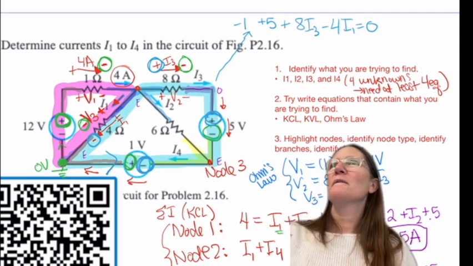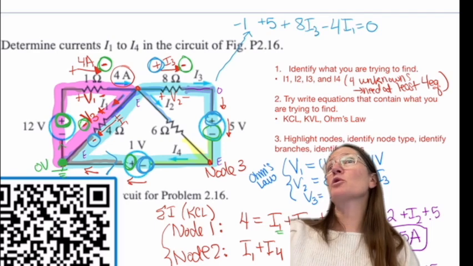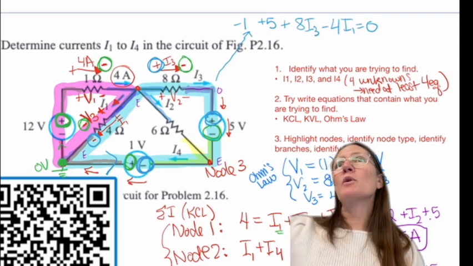Just numerically, how would I solve and get a current that has a negative sign? How does that work? It's going to depend on your voltage orientations in the loops.